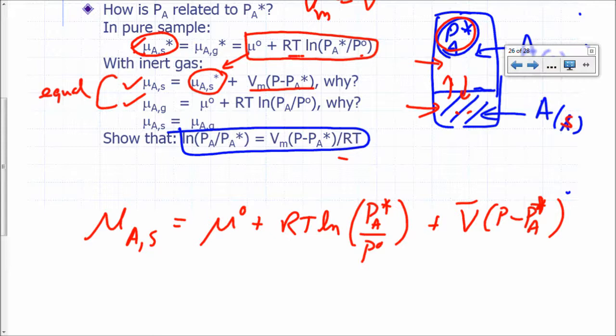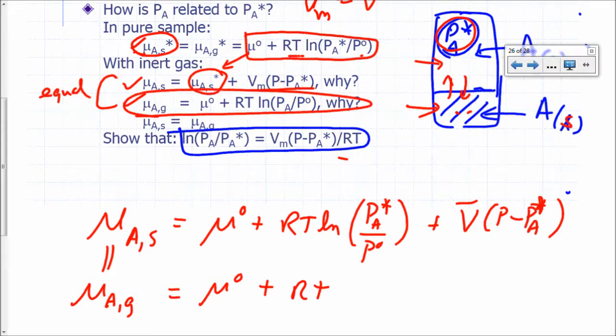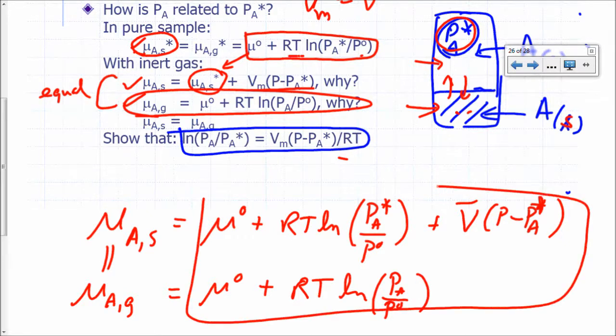And that is equal to mu A gas, which is mu naught plus RT ln of PA over P naught. So these two are equal.